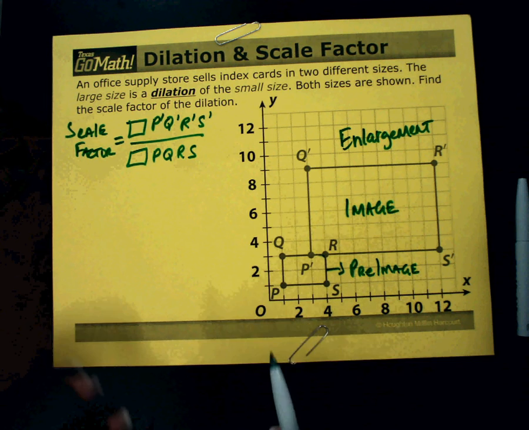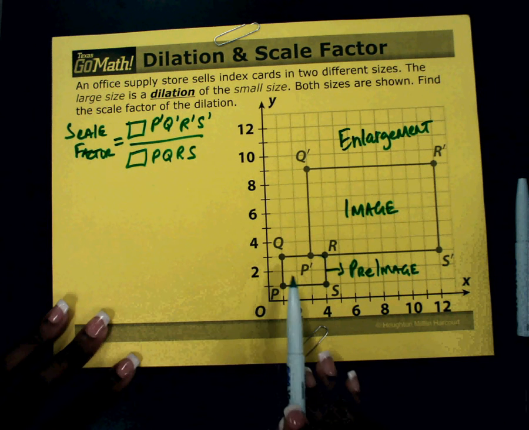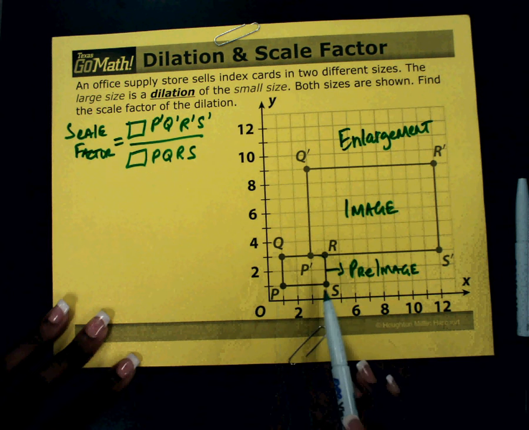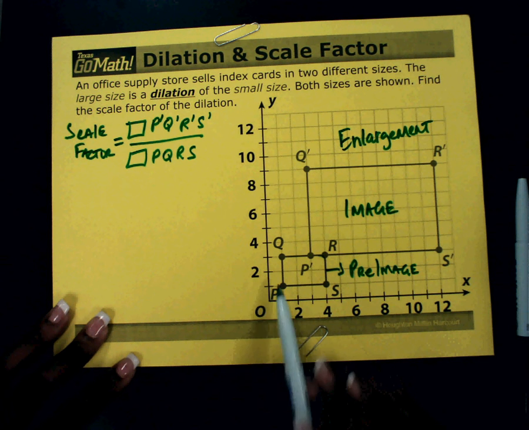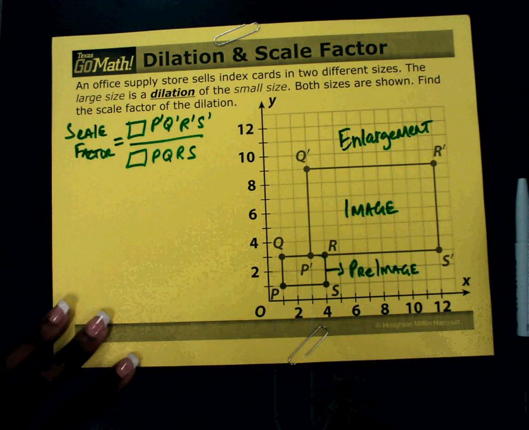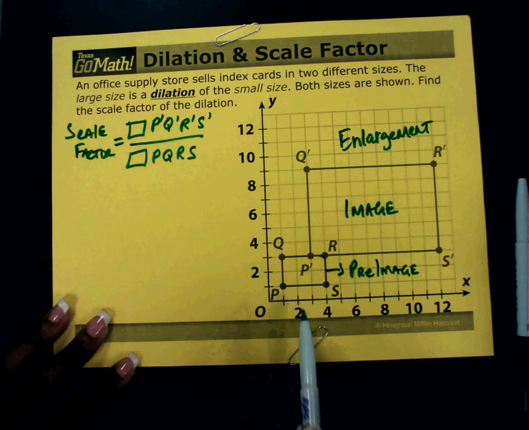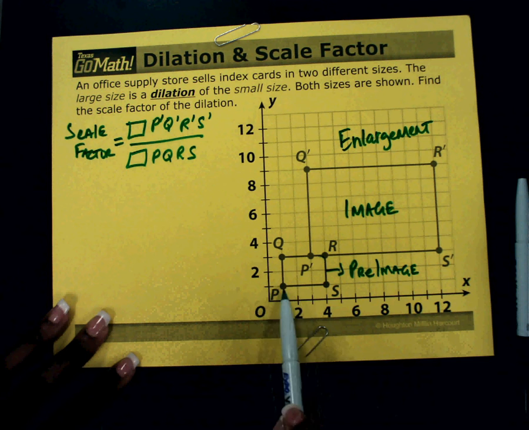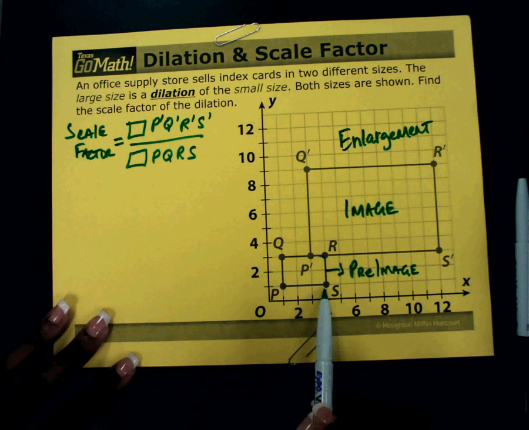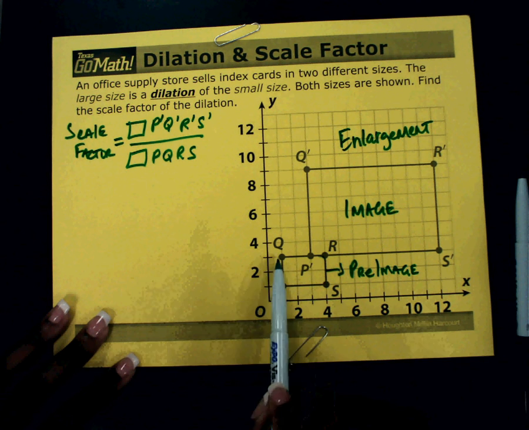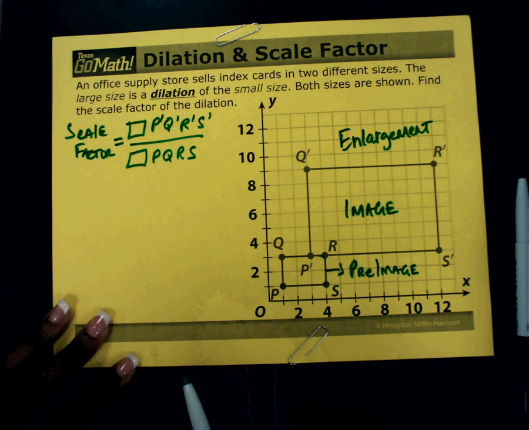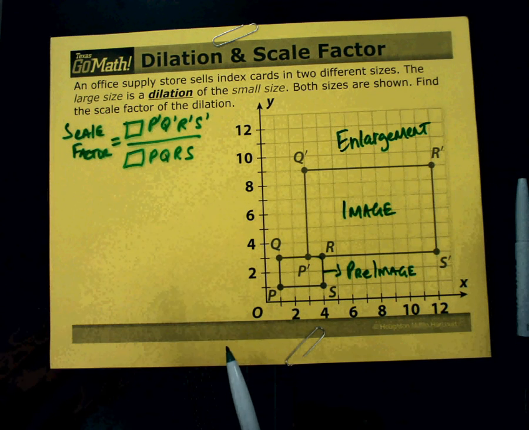Because this is a rectangle, we know that sides QP and RS are equal, and PS and QR are also equal. So we'll only need to look at the units between P and S for our length and Q and P for our width.